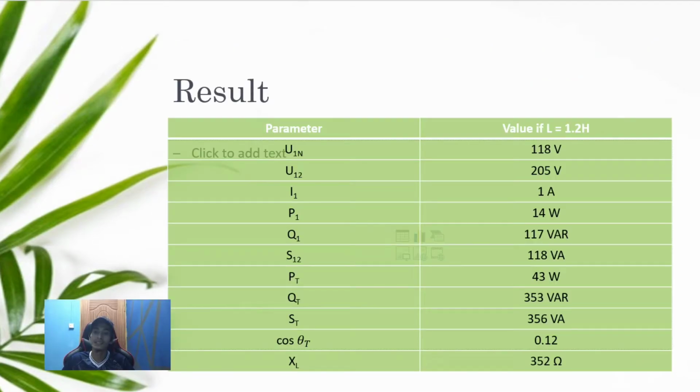The value of the inductor we use is 1.2 Henry, and the value of reactance XL is 352 ohm. That's all.